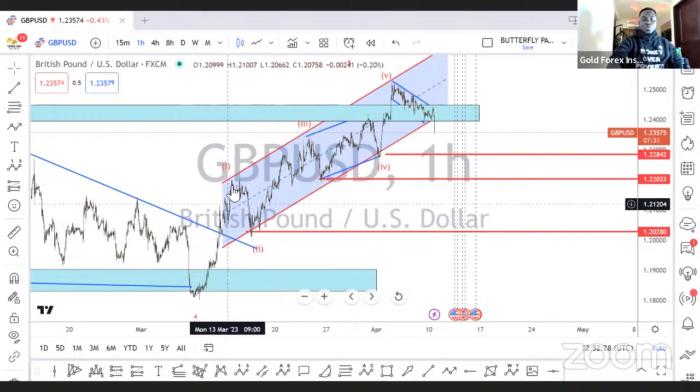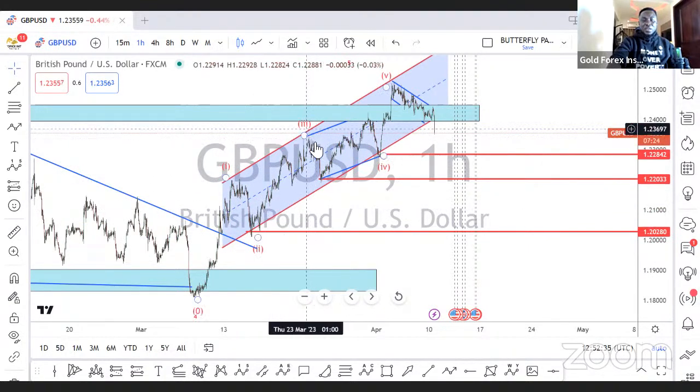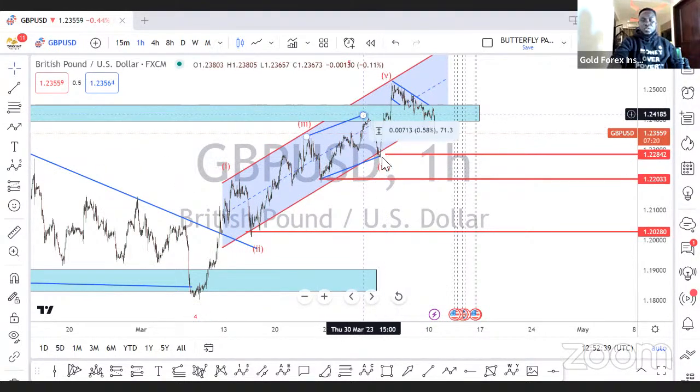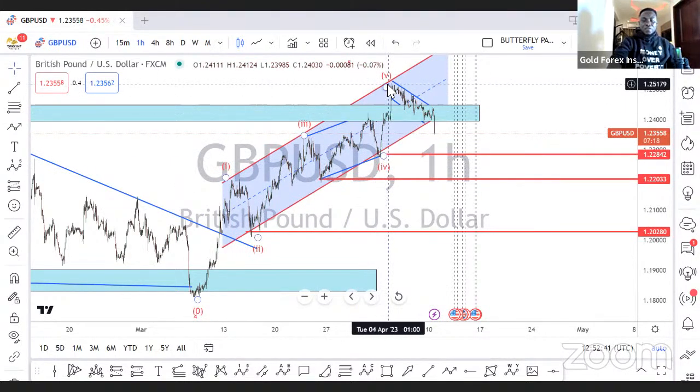Now we have wave 1 here, wave 2. The wave 3 of the ending diagonal gave us a flat correction, which was a running flat. So this becomes wave 4 and the wave 5.